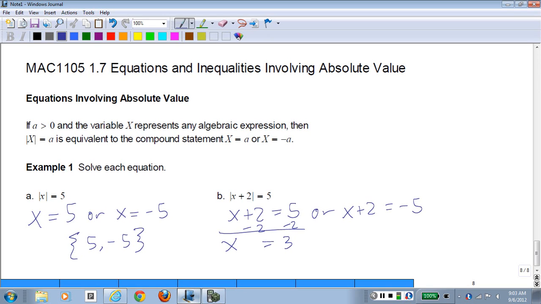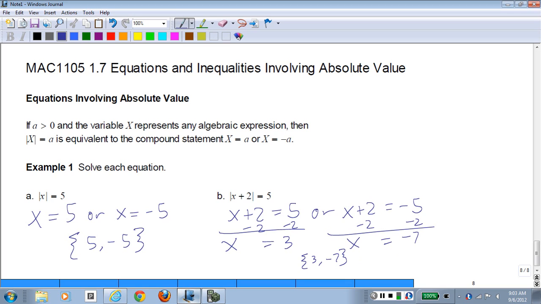On the other hand, what number can we add 2 to and get negative 5? Negative 7, and we find that by subtracting 2 from both sides. So negative 7 plus 2 equals negative 5, and because negative 5 has an absolute value of 5, it satisfies the equation. So two solutions here, 3 and negative 7.